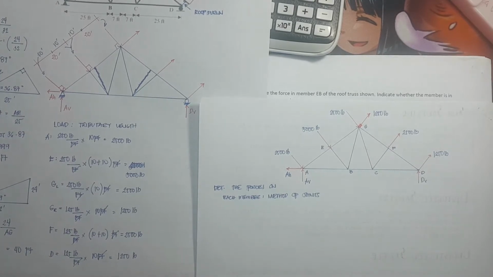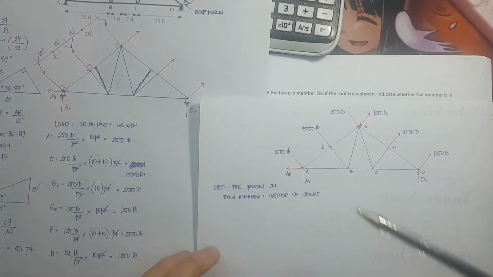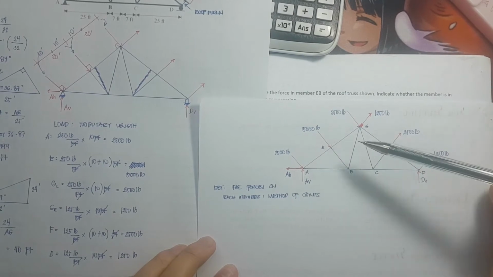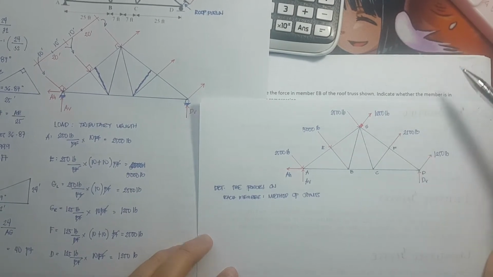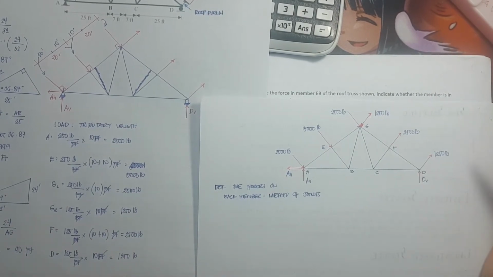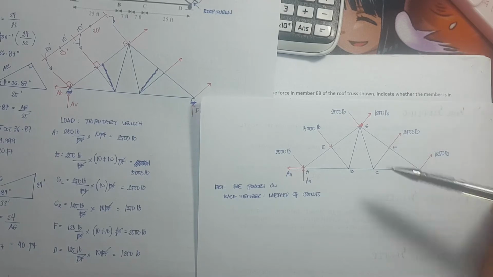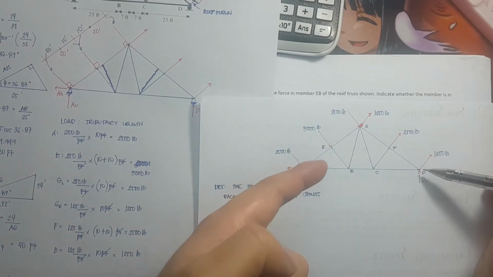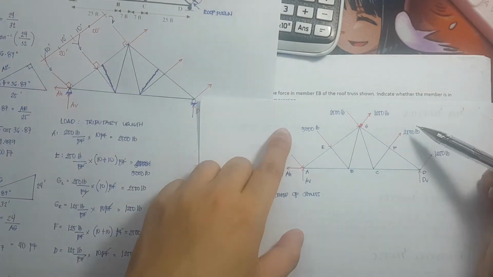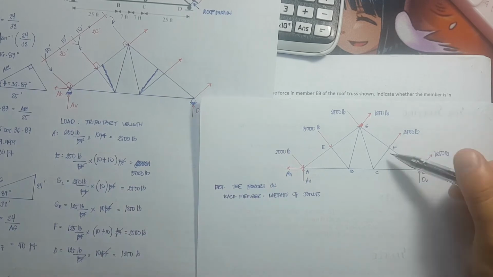Before determining the forces on each bar, we need first to solve for the reactions. When we say reaction, it is the reaction of the support with respect to the applied external loading.